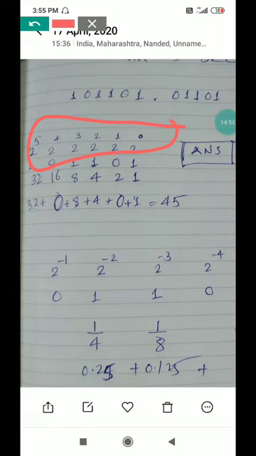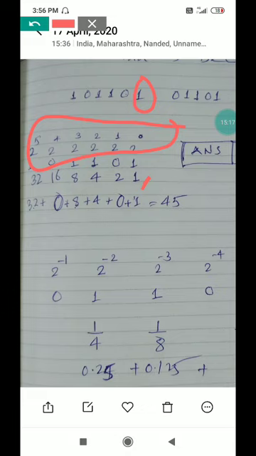And then we will see whether 1 is present at that position or not. If 1 is present, then that power is used for finding the answer, otherwise that power is not considered. For example, this one is 2 to the power 0. 2 to the power 0 is 1, and this 1 is there, so we will consider 1.